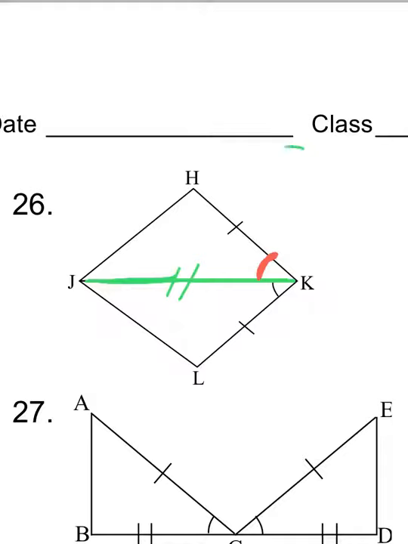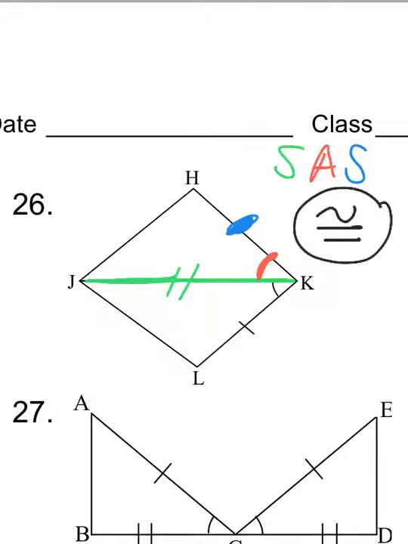So far we have side in green, angle in red, and the angle is next to both sides that we're looking at, which is also marked. So that's a side. So we have the angle in between both sides. That means that we have side, angle, side. So that means these triangles are congruent by the side, angle, side theorem.